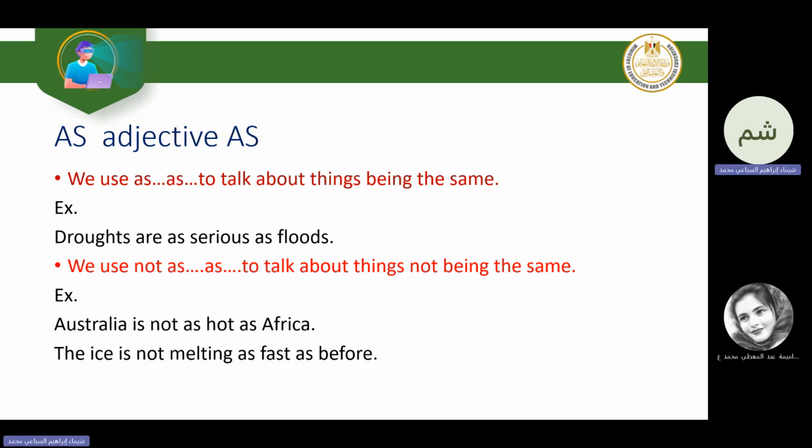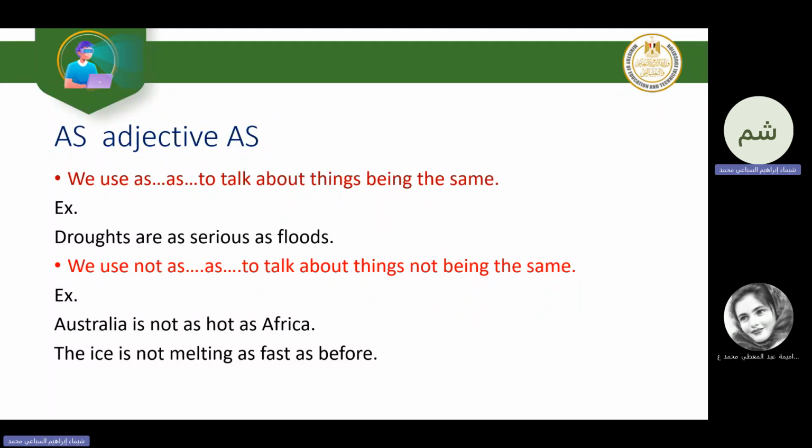If we have Ali, for example, and Omar, they have the same age. They are both 12 years old. So Ali is as old as Omar. And we can use the negative form, not as, adjective, as, to talk about things not being the same.